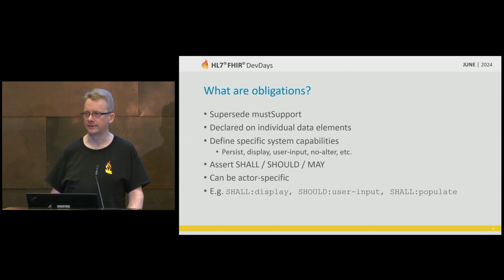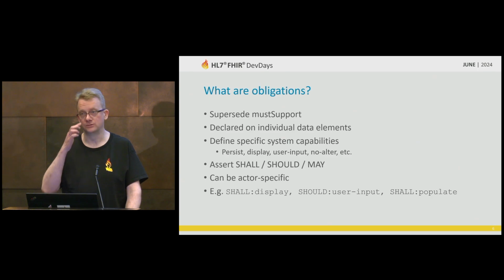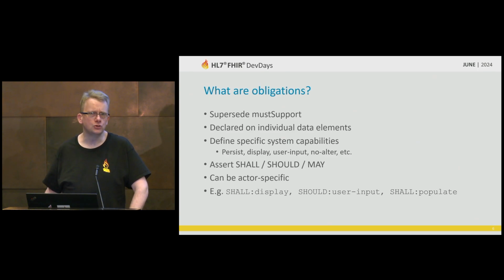So the example I often give is deceased state. You don't want to mark deceased state as mandatory because hopefully most of our patients aren't deceased and we don't want them to be, but you do want to set some expectations about you must be able to display or capture or store in your database or take into account in this algorithm something about deceased state.